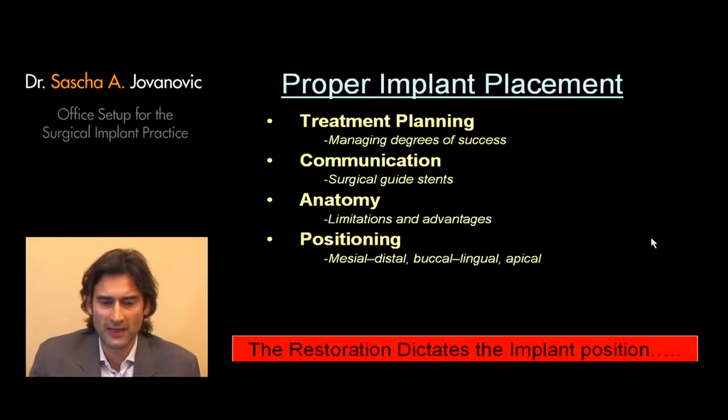So you're dealing, for example, with treatment planning. This will give you the appropriate occlusal scheme, the appropriate emergence profile, and also the appropriate aesthetic outcome which you want to predict.